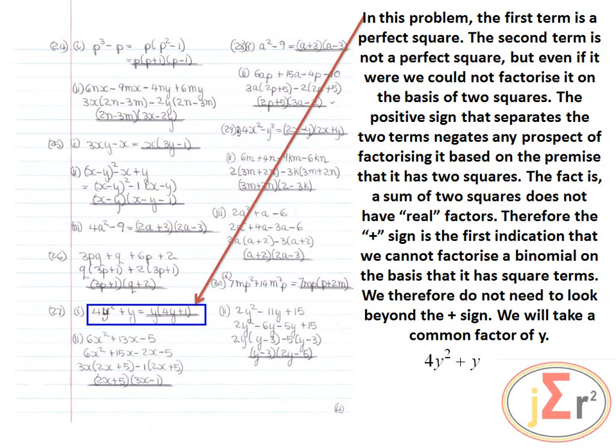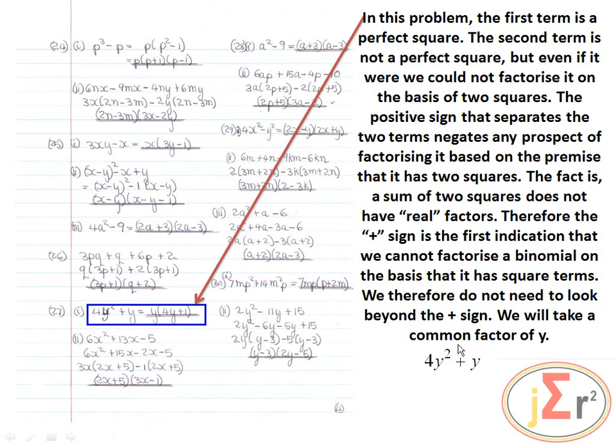The positive sign that separates the two terms negates any prospect of factorizing it based on the premise that it has 2 squares.